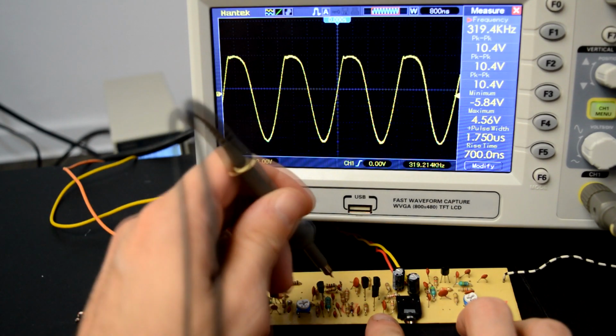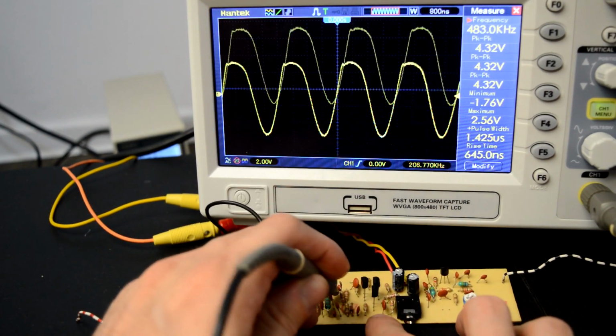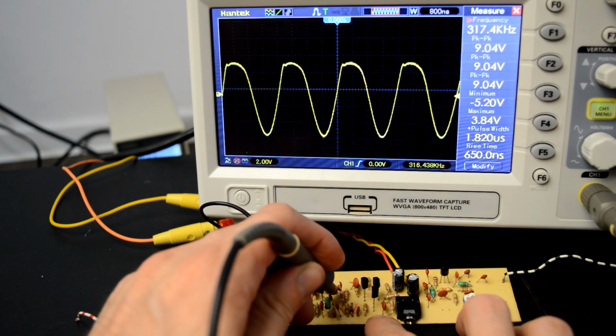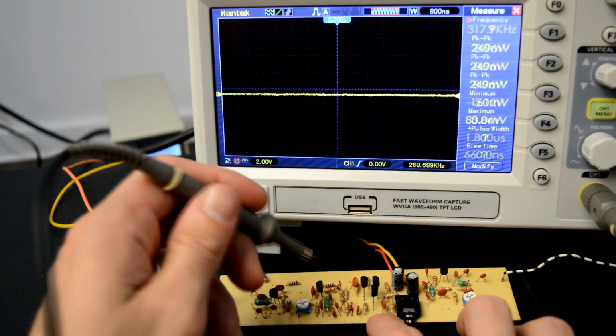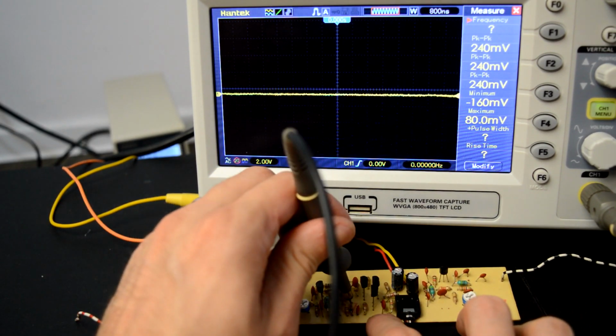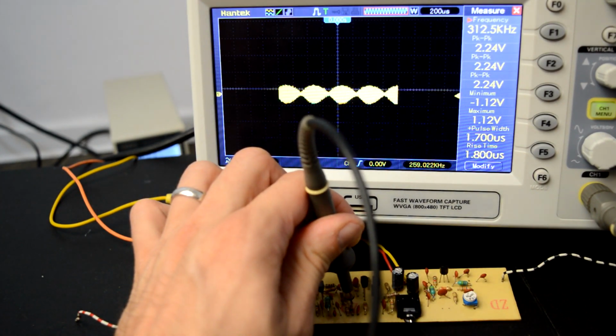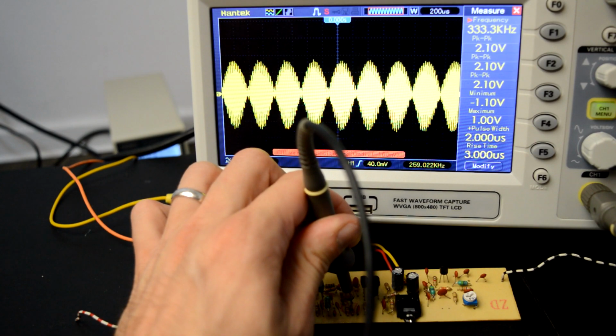If we look at the same thing on the other oscillator, we see a similar waveform, but at a slightly different frequency. So this one is at around 317 kilohertz, difference of the two being 3 kilohertz. So now if we look at the heterodyne signal, so the two signals combined, we see this thing.